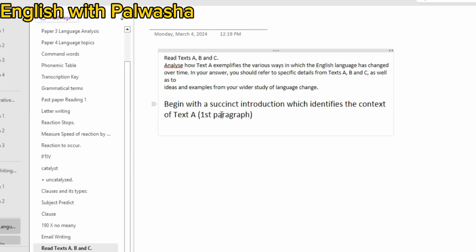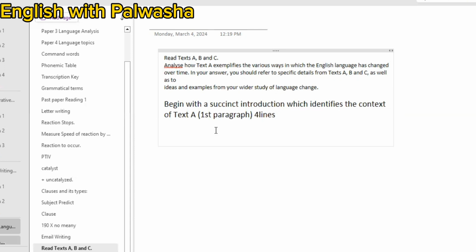Like for example, you'll be writing: text A is a compilation of extracts from a blog entry by a blogger and men's fashion writer. You are going to just explain where this text is extracted from. And you have to tell the name of the person. The writer is Robert Van Tangeron, written in 2019. We have to mention the year as well, which means it is from the present day English period. So we'll be writing this, all together just a 4 lines paragraph, nothing more than that.